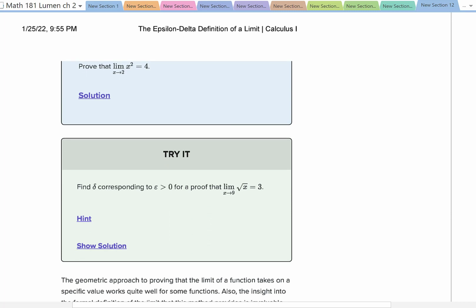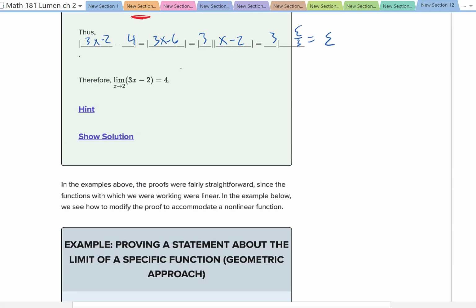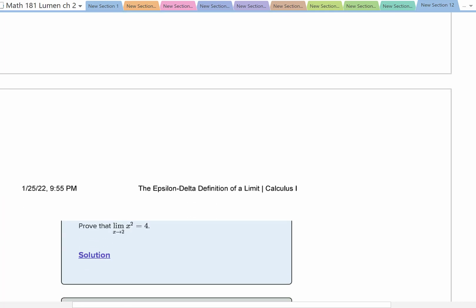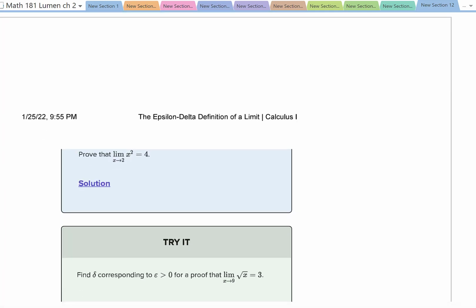Okay, so we have, again, it's going to be something of the nature, let epsilon be greater than 0, and then delta equals something. We're going to come up with that.